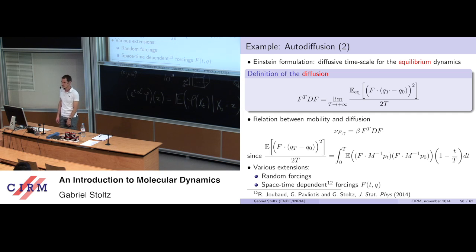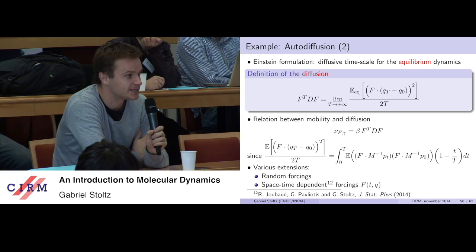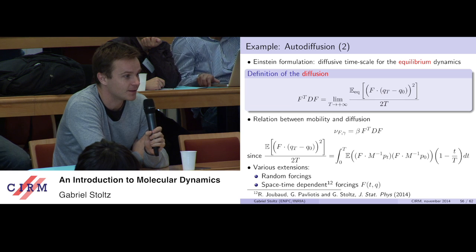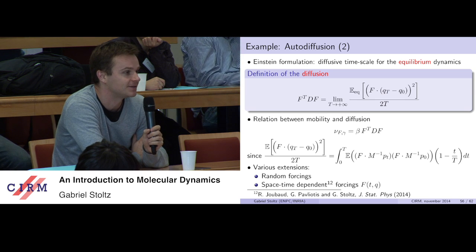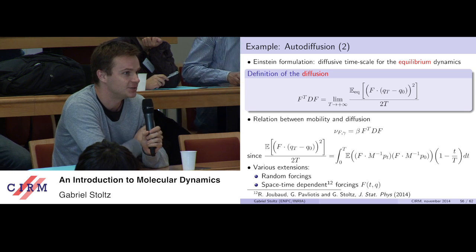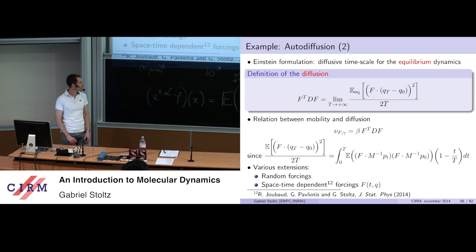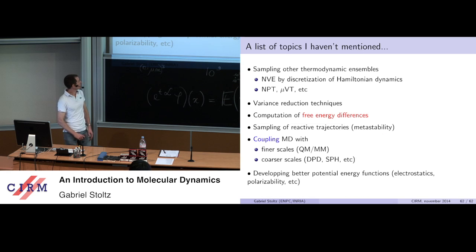Other questions? There's also a bunch of accelerated MD techniques out there. Accelerated MD through temperature control or things like that, and I suppose the dynamics are very different. Did you adapt the theory for that? So I mean, what you mentioned by accelerated techniques, I would probably put it here either in variance reduction or sampling of reactive trajectories.